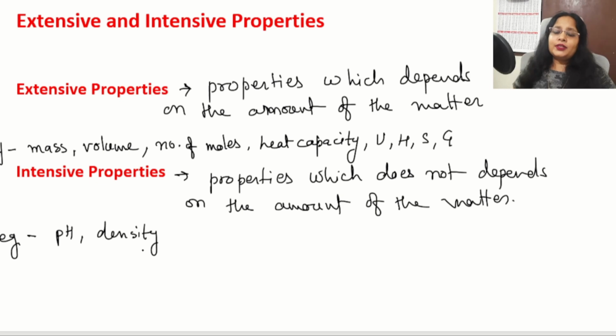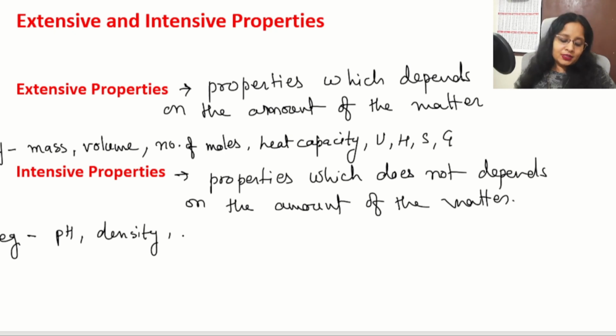Now we have 2 test tubes, one having 1 teaspoon, the other having 5 teaspoons. So same sample of honey in 2 different amounts. Now check the density. Will the density be different? No. The density will be the same whether it is 1 spoon or 10 spoons. No matter the amount, density will be same. So this is called intensive property.